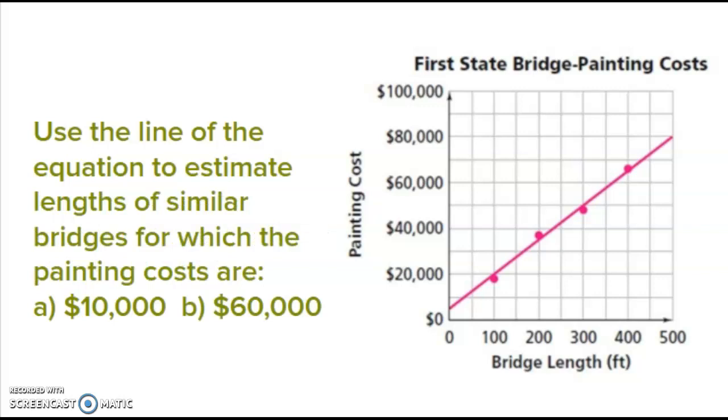Next, now they want to estimate the length if we're given the amount. So we'd use our y-axis to go to 10,000. Remember 10,000 would be right here. We'd go over and down. So it would be somewhere between 30 and 40 feet.